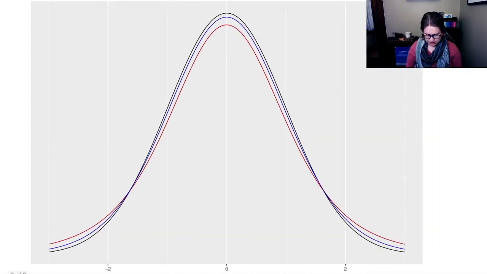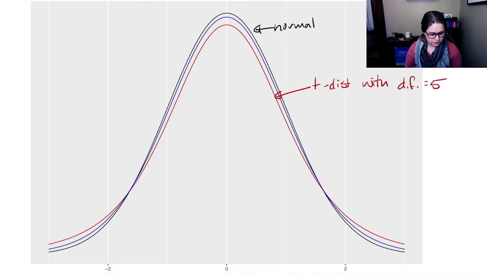So here is an example. In this picture, the black line is the normal distribution. So this is normal. And then the red line is a t-distribution with df equal to 5. And the blue line is a t-distribution with df equal to 15.